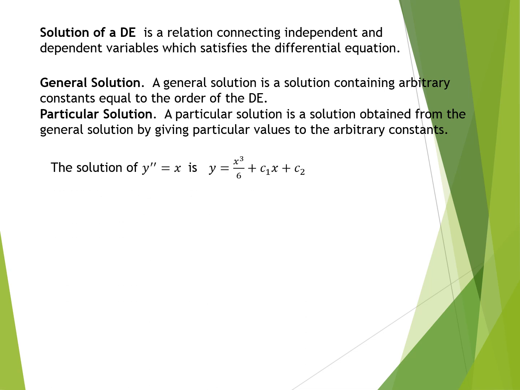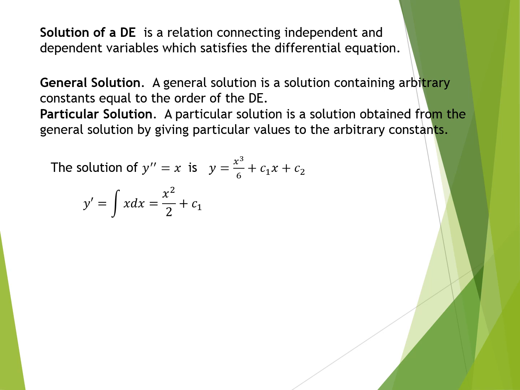Now let's have an example. Look at this differential equation, y double prime equals x. This is a second order, first degree DE. The solution is y equals x cubed over 6 plus c1x plus c2. Why is this so? Because this is a second derivative, we have to undo the derivative twice, so we integrate.